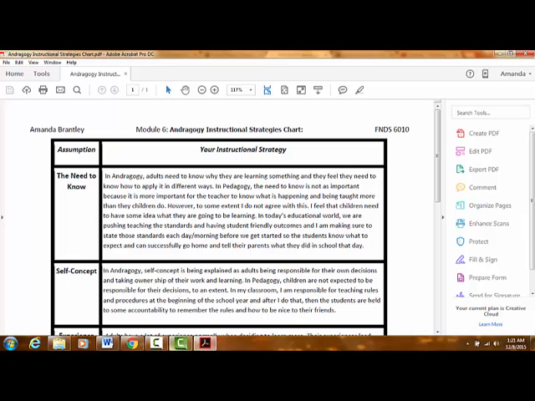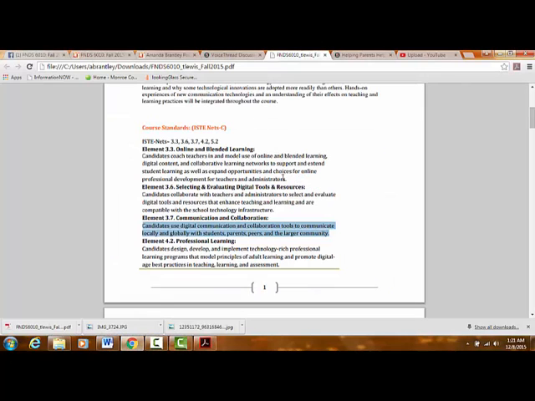So this was probably the coolest little standard that we did. I thought that's the one that kind of hit home to me the most.